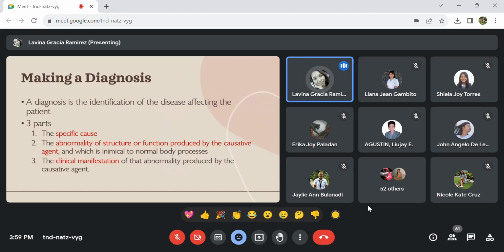Now, in the making of diagnosis, we all know that the practice of clinical veterinary medicine has important facets. A diagnosis is, as we all know, the identification of the disease affecting the patient. In your lower years or in your paraclinical courses, you have already applied some of the diagnostic techniques and how you identify or describe certain conditions that the animal is suffering.